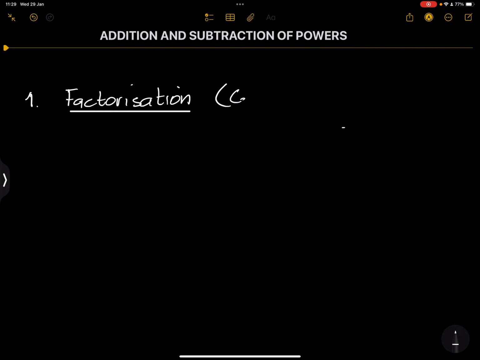Let me just say, remove the highest common factor. Remember, for it to be a highest common factor, the bases have to be the same as well as the exponents. Very important for us to note that.